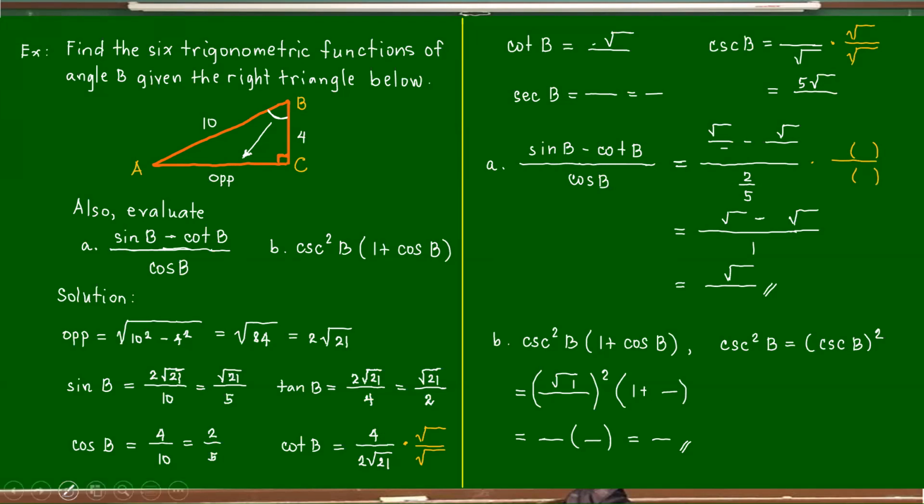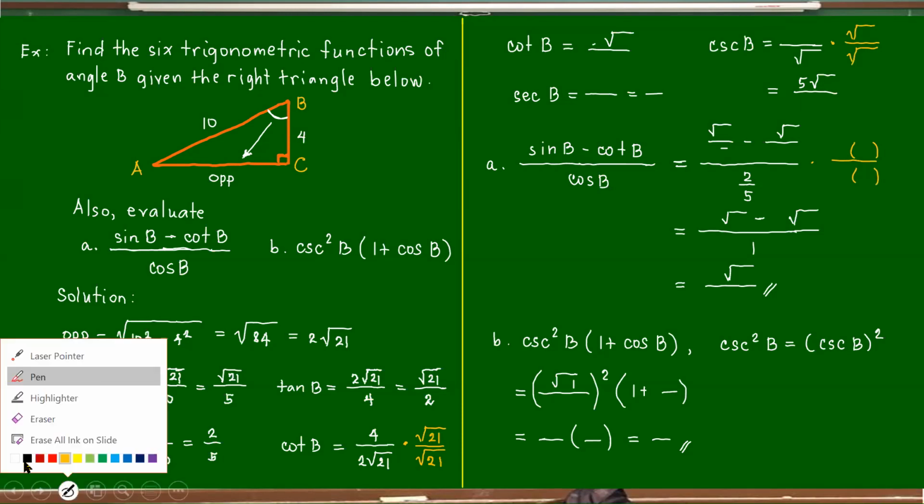So let's multiply by square root of 21. Also, the denominator, you have to multiply by square root of 21. So this will not change the value. It will only change the form because what we multiply is equal to 1. So simplifying this cotangent, we get what?